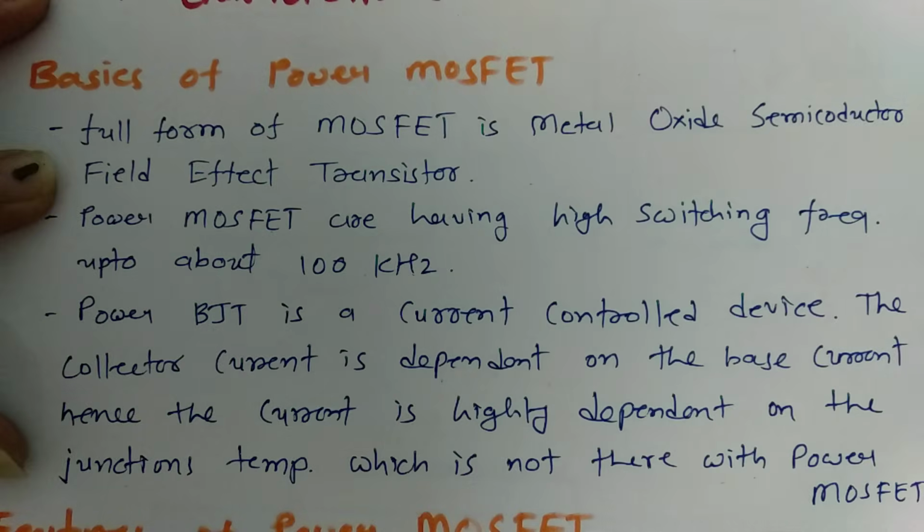Collector current increases with the increase in base current, and if junction temperature changes, there will be a higher amount of base current, and that will result in false functioning of BJT. But this problem is not associated with power MOSFET.